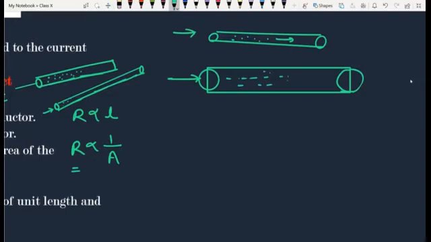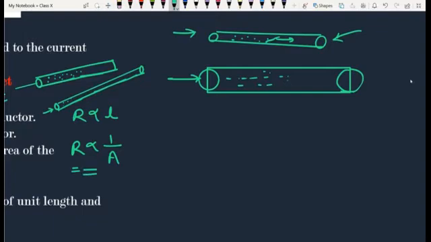Who will oppose the electrons more? Obviously the conductor which has the smaller cross-sectional area will oppose the flow of electrons more. So any conductor which has a smaller area offers greater resistance. So it is inversely proportional to the area.